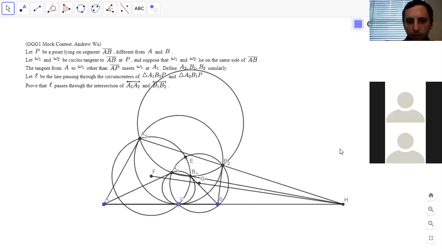Let's see, A1B1, AB, and A2B2 concur by the radical axis theorem. We didn't prove yet that that's cyclic, but if it was, is FG the radical axis? So if we look at the point circle P, oh yeah, okay, once we prove that, it would be true by the radical axis theorem.